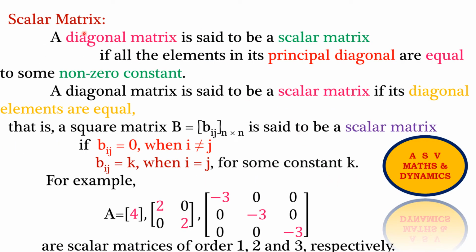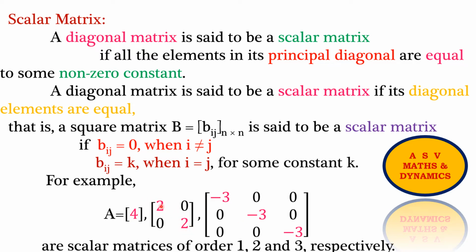Scalar matrix. If you want to describe the scalar matrix, we need the diagonal matrix: diagonal elements non-zero, non-diagonal elements 0. At the same time, for a scalar matrix the diagonal elements should be equal and also non-zero. So this is the first order, this is the second order, this is the third order, but the diagonal elements must be the same.